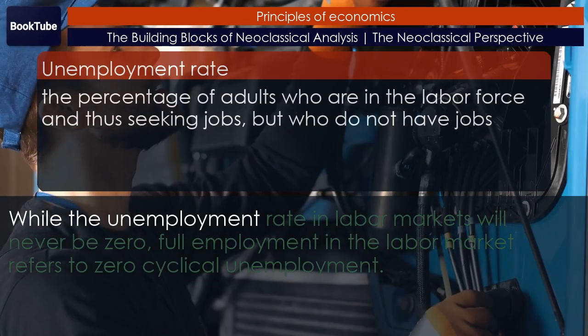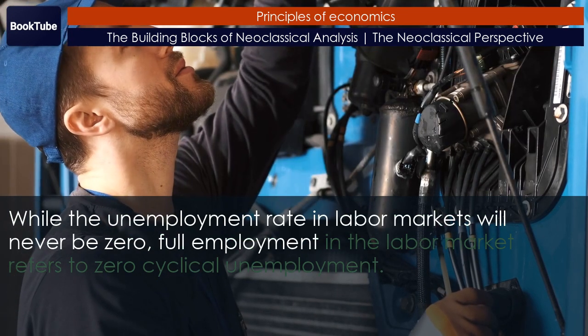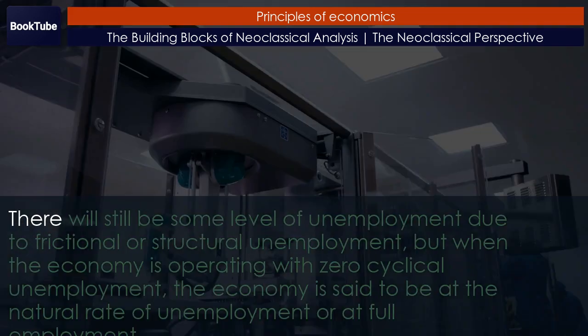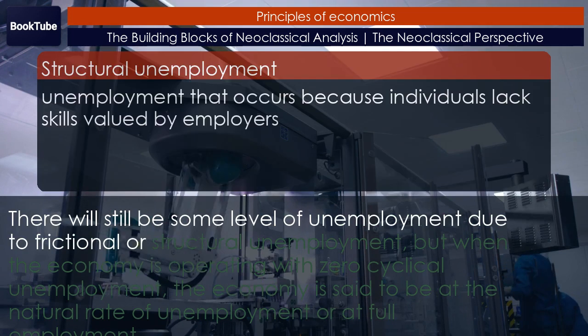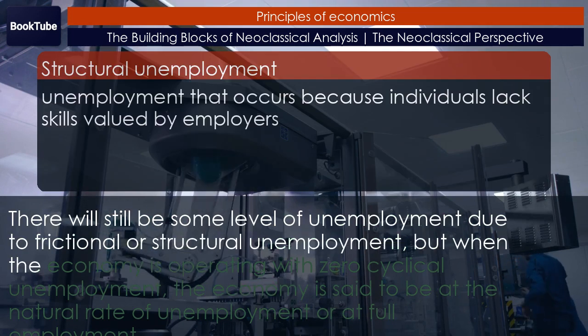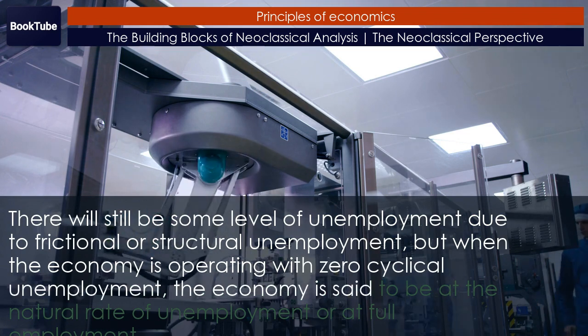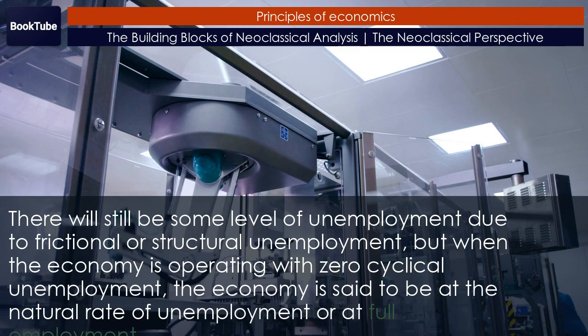While the unemployment rate in labor markets will never be zero, full employment in the labor market refers to zero cyclical unemployment. There will still be some level of unemployment due to frictional or structural unemployment. But when the economy is operating with zero cyclical unemployment, the economy is said to be at the natural rate of unemployment or at full employment.